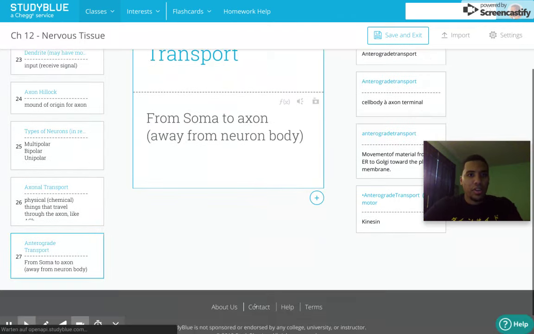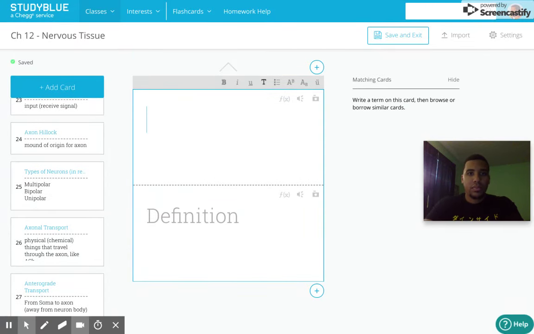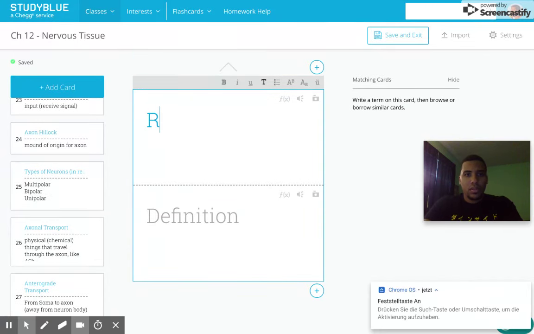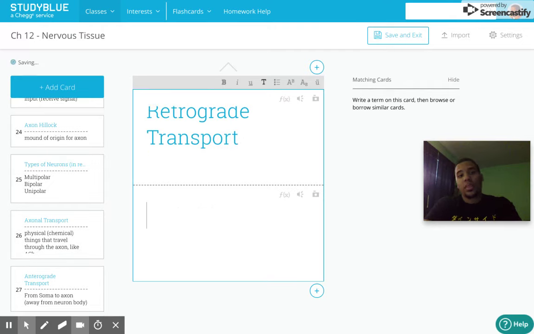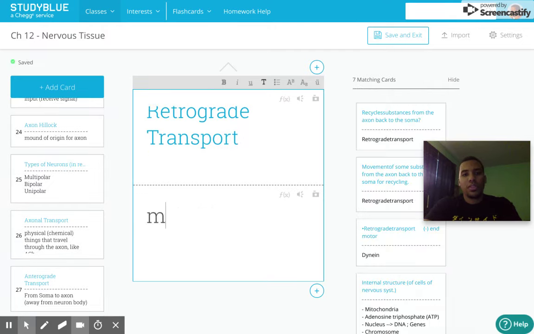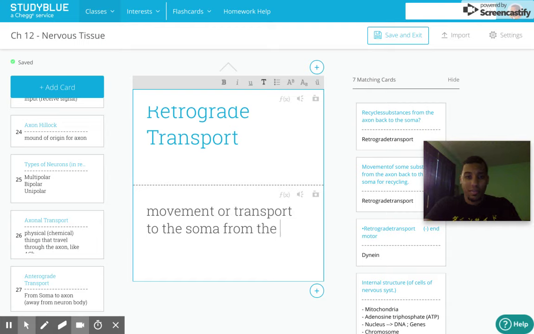Then retrograde is going back. So retrograde transport is quite the opposite. Movement or transport to the soma from the distal end of the axon.